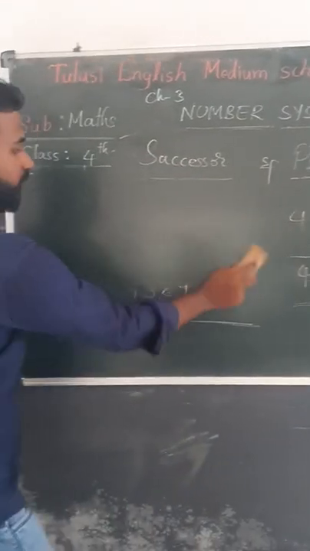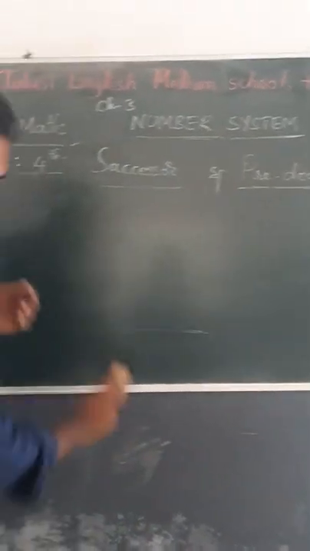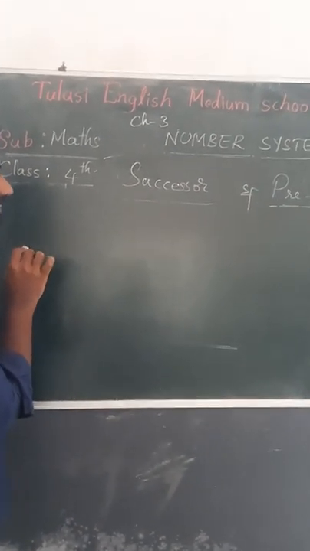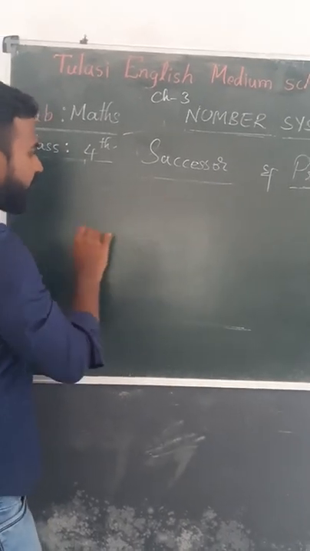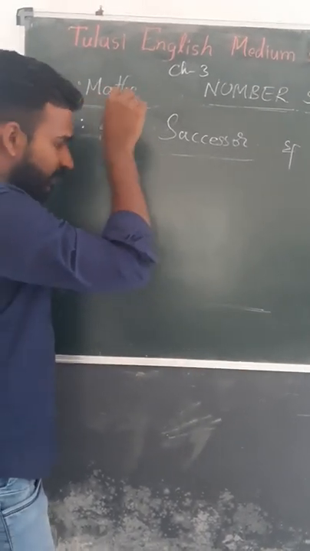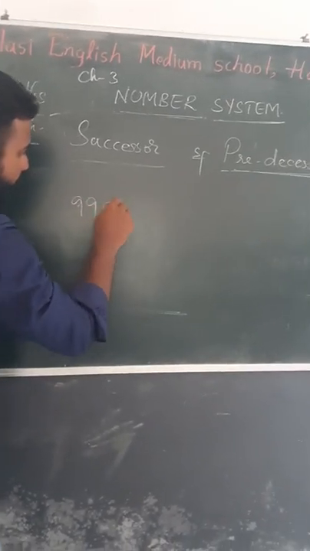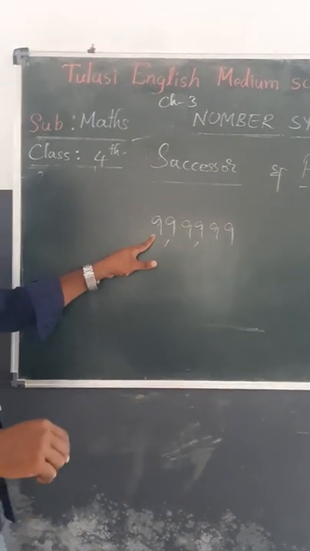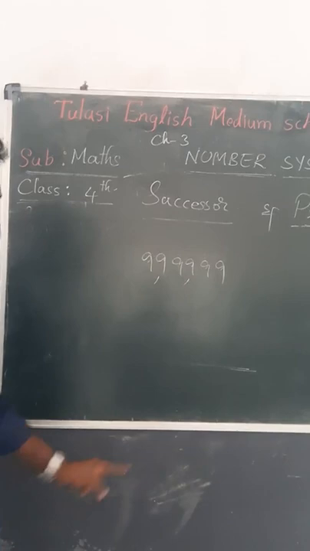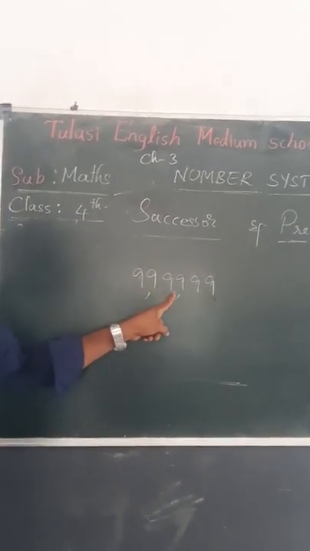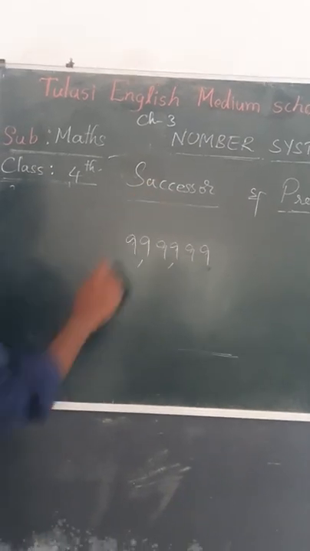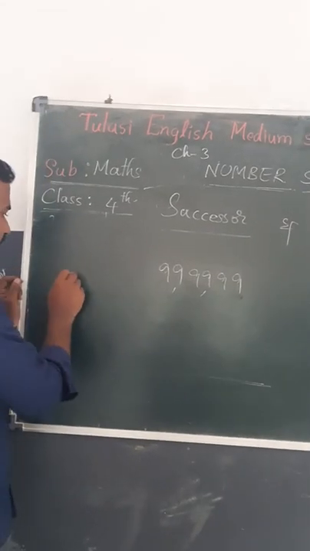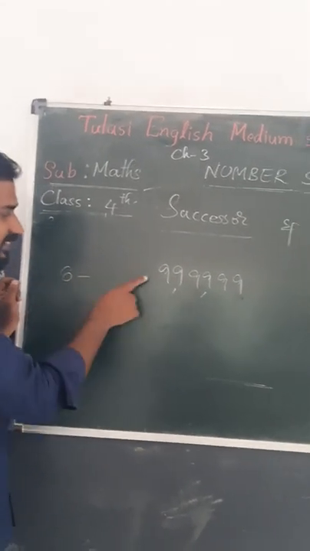But one thing you have to keep in your mind, when you go for successor of the largest number of any digit, say suppose the largest 6-digit number, 9,99,999.